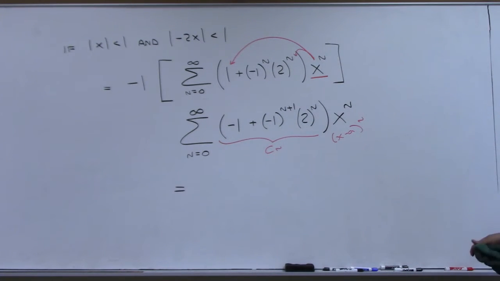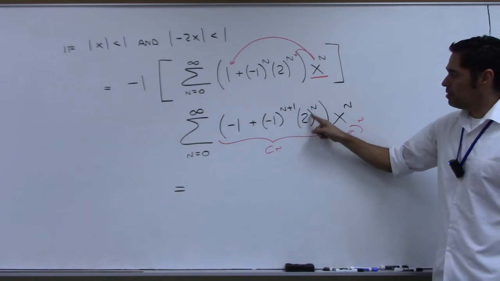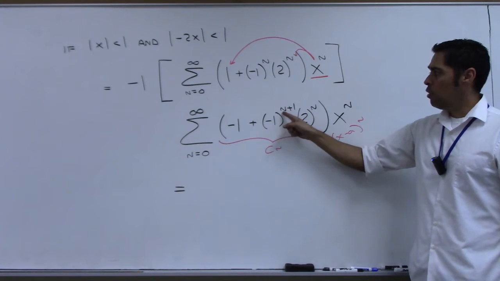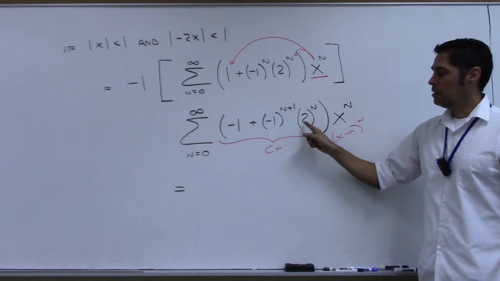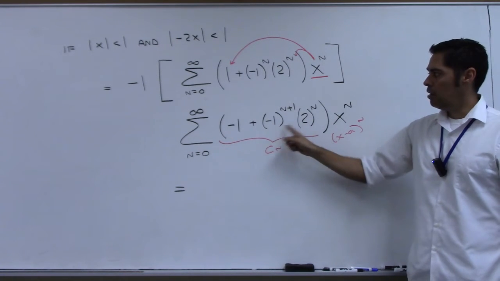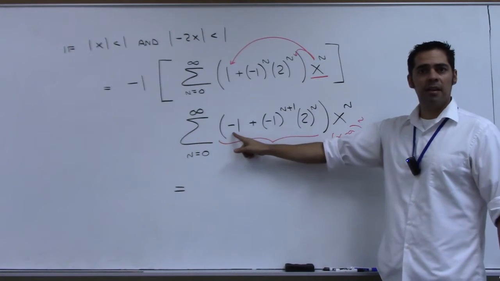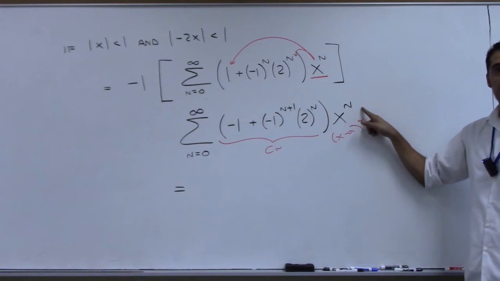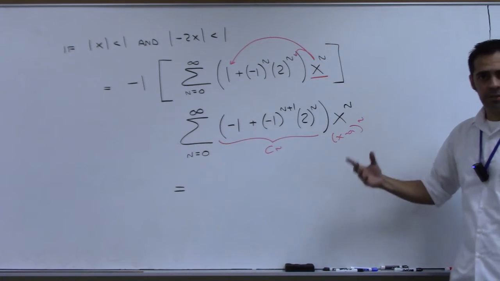If n is 0, we have to do order of operations here. 2 to the 0 is 1. -1 to the 1 is -1. So all this together would be -1, and then plus -1 is -2. And then x to the 0 would be 1. So the first term should be negative 2.